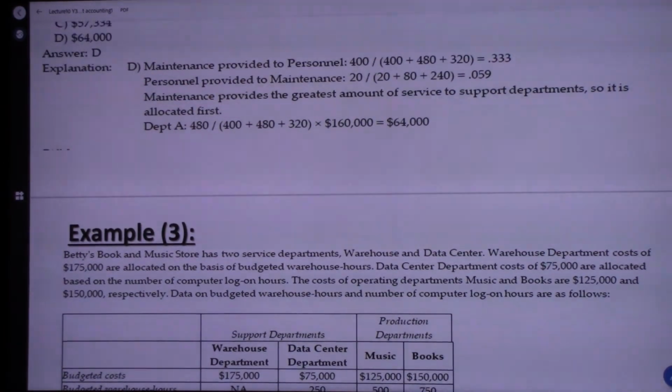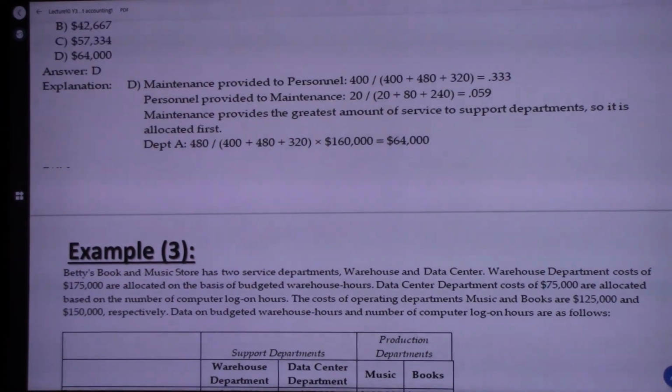Again, a step-down method, from its name, stepping down, like stepping down the stairs in a sequential way. You are going downward, not upward. So after finishing a cost, you are going to transfer to another department. After reaching a zero balance, you are going to transfer to another department.